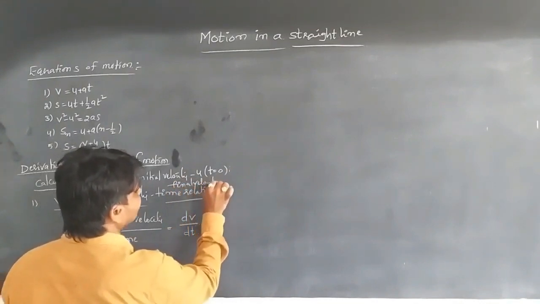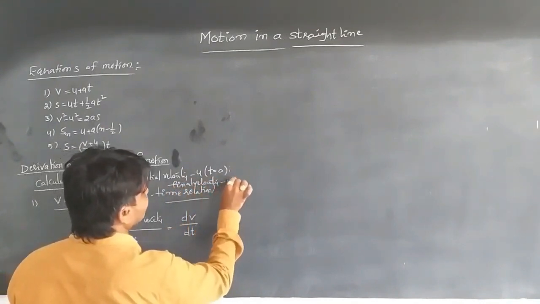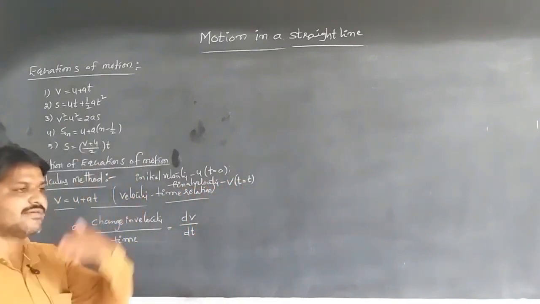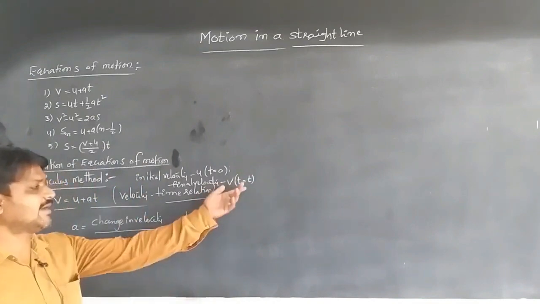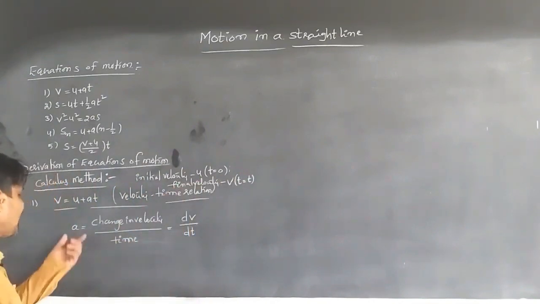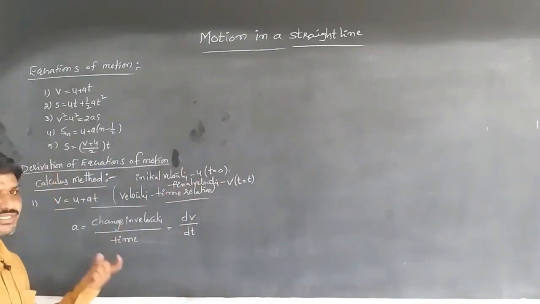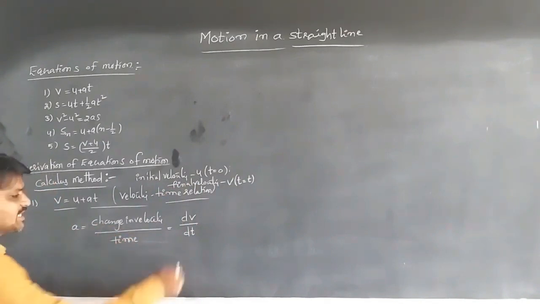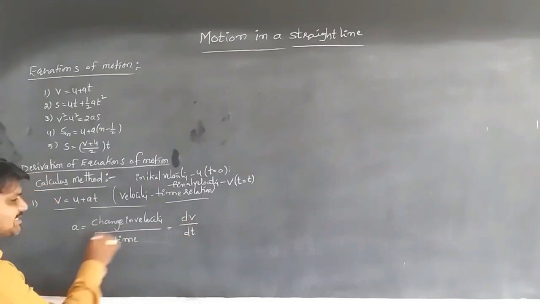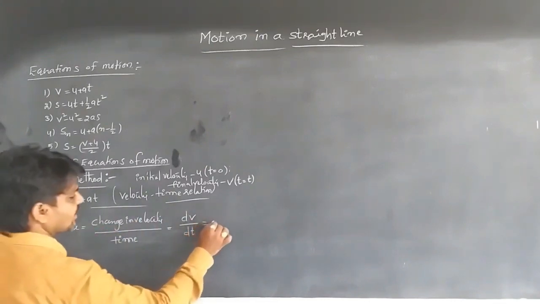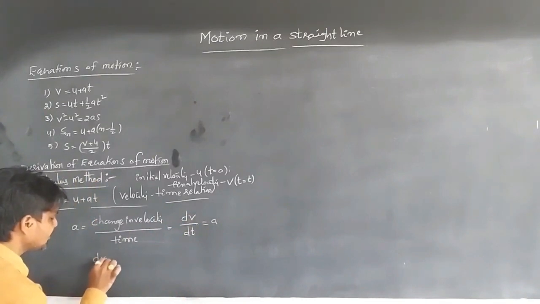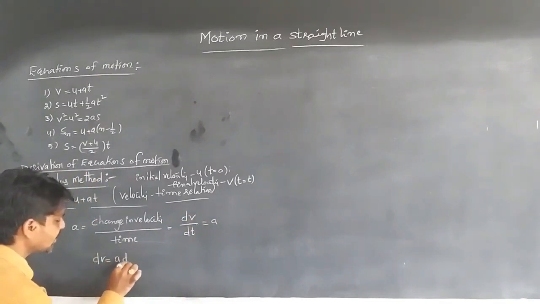After traveling some distance in t seconds, the final velocity will be v. So acceleration a is equal to the rate of change of velocity, that is change in velocity by time, dv by dt. So a is equal to dv by dt, is it right? Right. Then multiplying, dv is equal to a into dt.